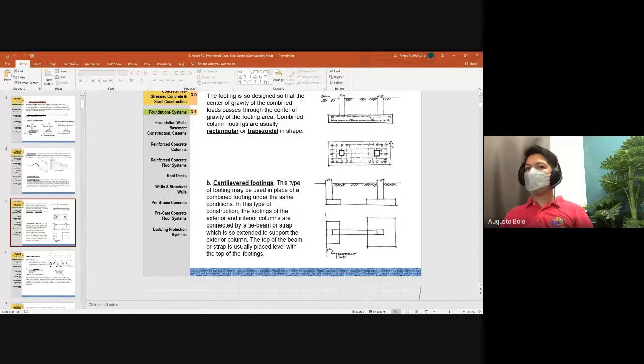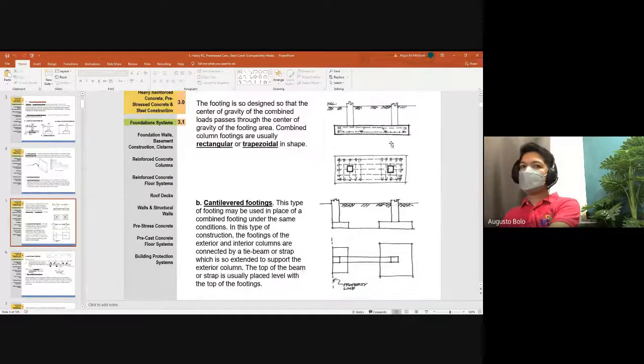Take a look at the screen. You can see that dalawang column, isang footing. Sa cases ng magkakalapit, no? Magkakalapit kasi hindi na kaya, nag-overlap yung footing niya. So you have to combine that both. That becomes either trapezoidal or rectangular, regular footing.